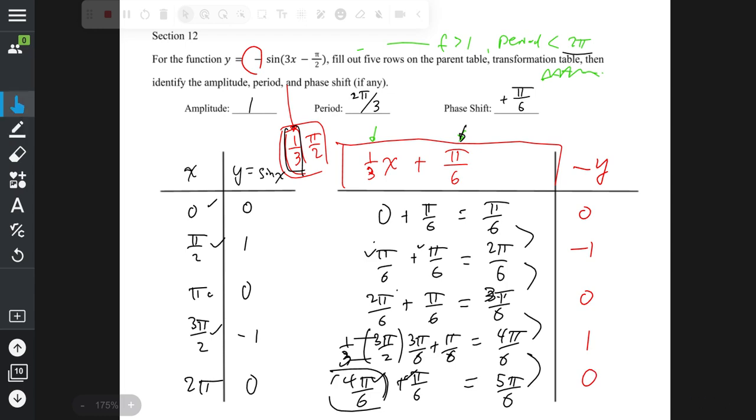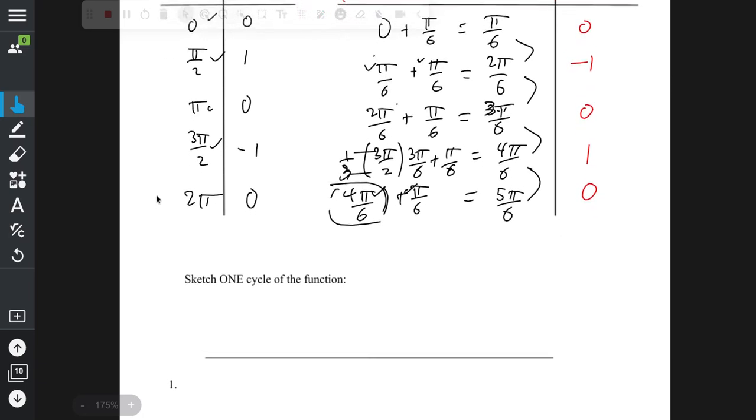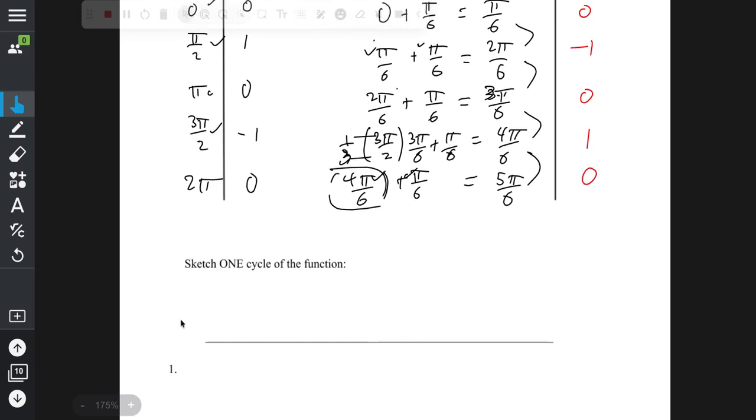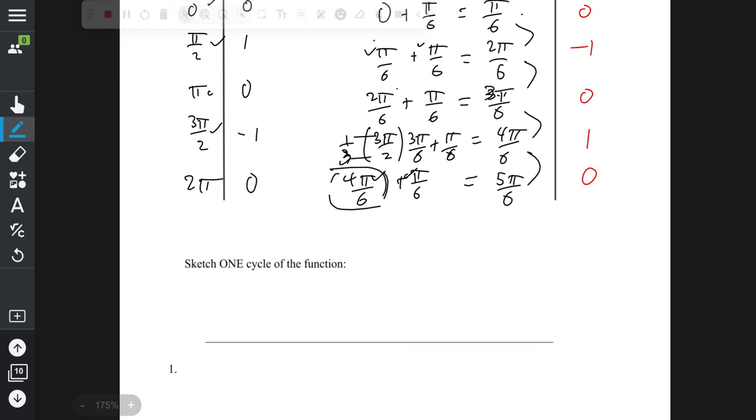Okay, so how does this look when we graph it? Okay, so here are 5 stops along the x-axis, 2, 3, 4, 5. And we start off at pi over 6.